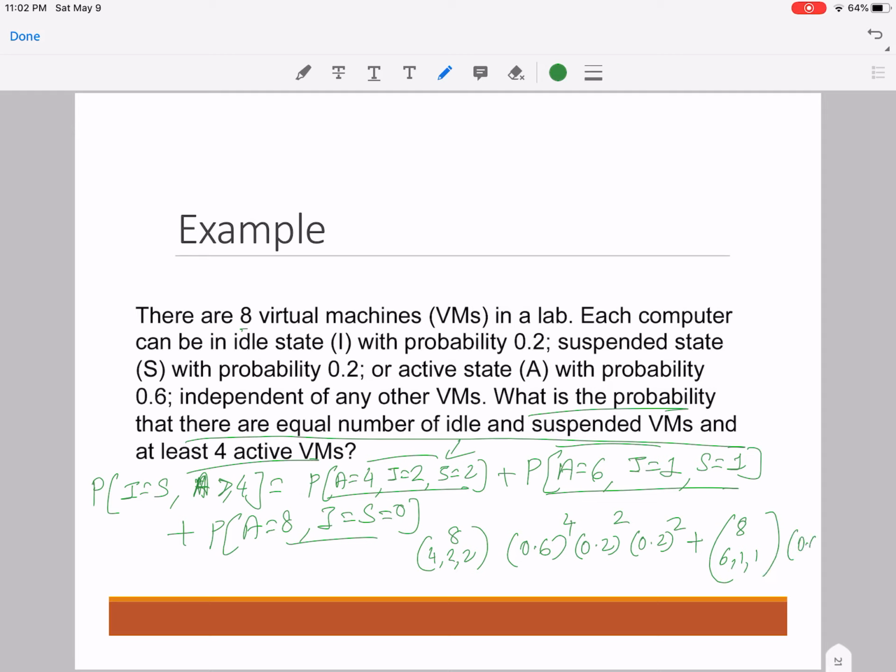Probability of an active VM is 0.6, so 0.6 to the 6 times 0.2 to the 1, 0.2 to the 1. And for the last term here, I have 8 choose 8, 0, 0. Probability of an active VM is 0.6, so 0.6 to the 8 times 0.2 to the 0 times 0.2 to the 0. So if I were to add these individual probabilities, I'll get the probability that there are equal number of idle and suspended VMs and at least 4 active VMs.